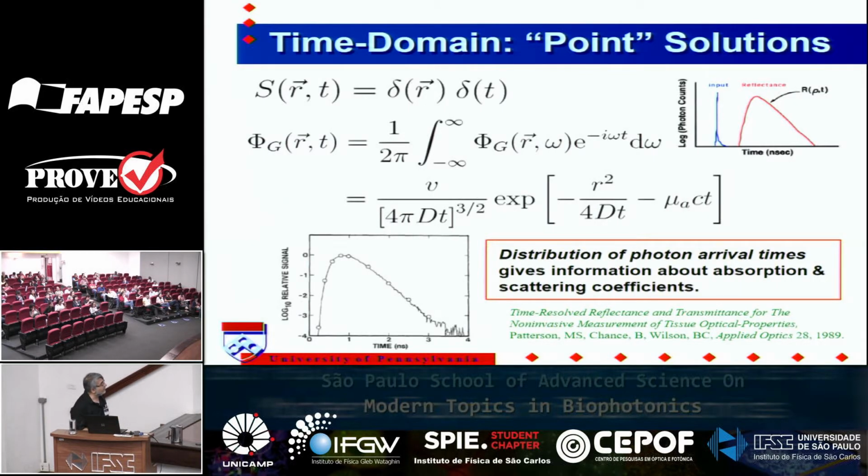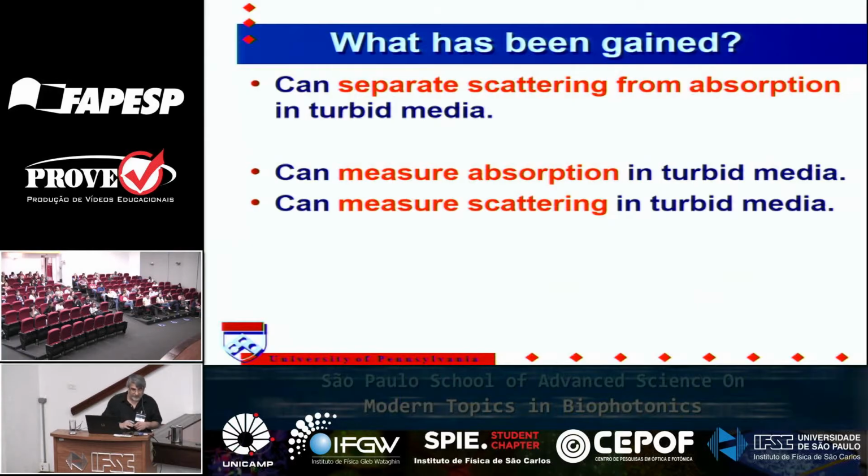And the shape of this curve looks like this, okay? From the shape of this curve, I can extract, again, the absorption coefficient and the scattering coefficient of the tissue. So there are two complementary ways to make a measurement of the optical properties of this turbid medium.